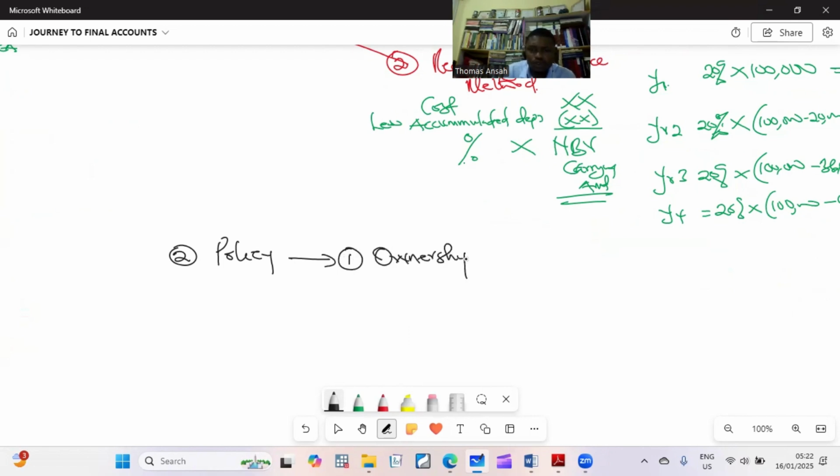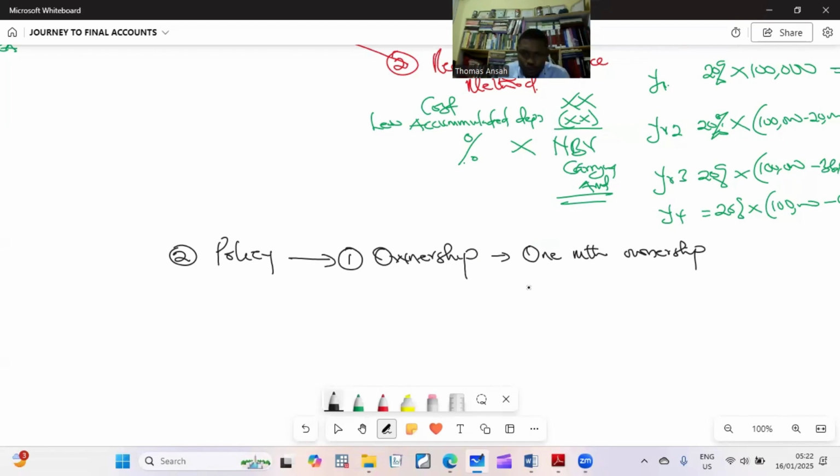So you will depreciate the asset so long as you own the asset. So here, the examiner can say 1 month ownership basis. So it means that in the month that you own the asset, you will depreciate.